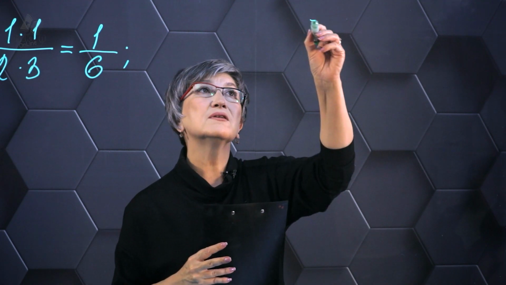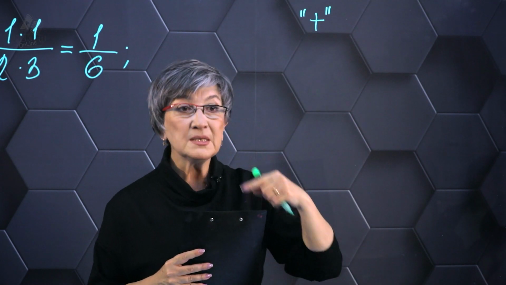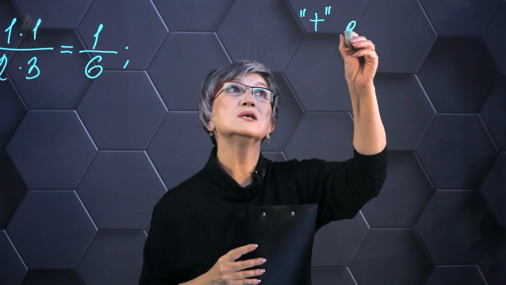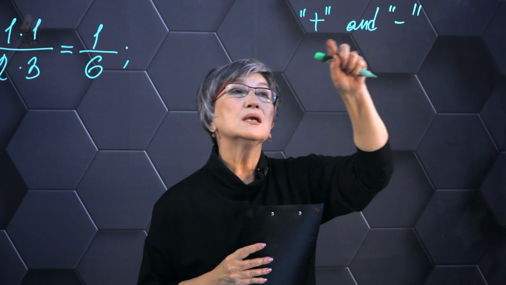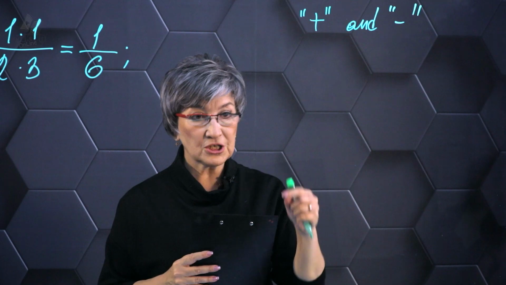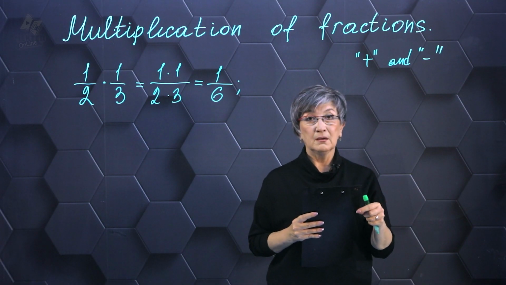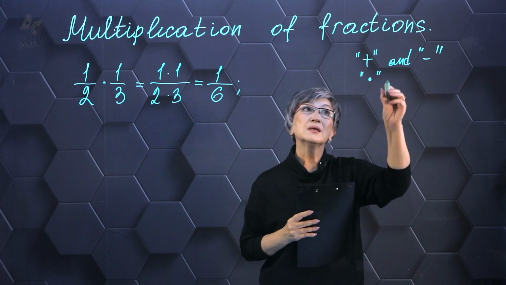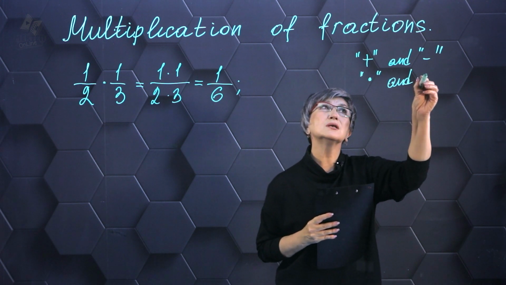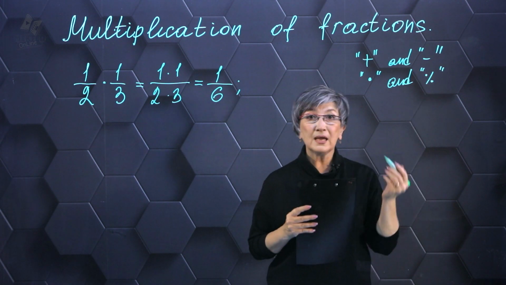If I take the action of addition, then the action that compensates for it is subtraction. And then addition and subtraction will always have the same rule. If I take the action of multiplication and the compensating action of division, then the rule will be the same for these two actions.